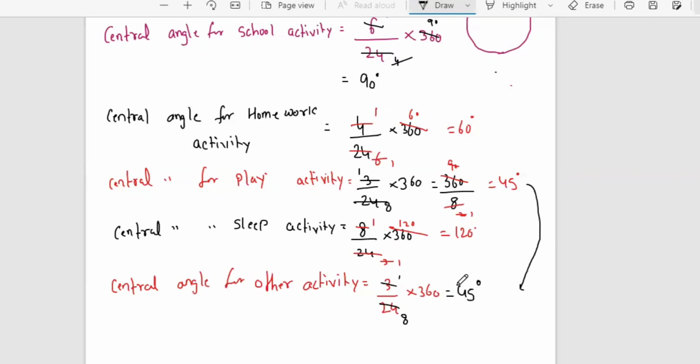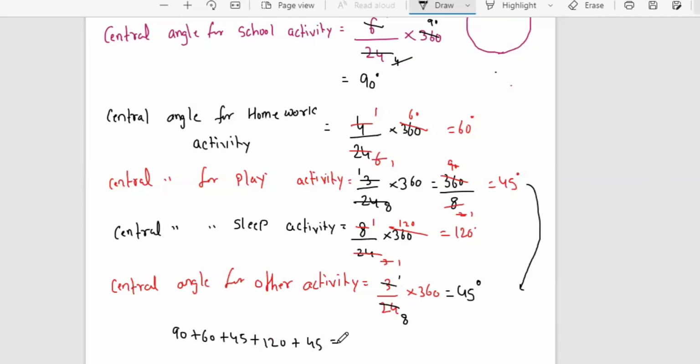Now just for confirmation, whether our answer is right or wrong, let us do the verification. It's not needed, but just for your confirmation that your answer is correct, just add all the angles. That is 90 plus 60 plus 45 plus 120 plus 45.